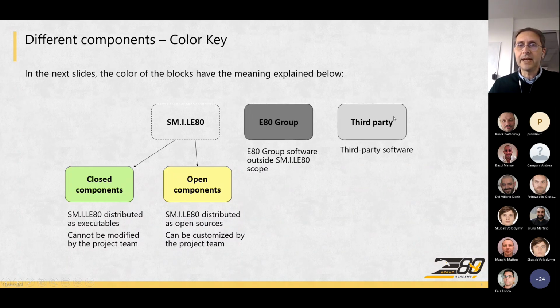And finally, we have third-party software, which is software coming from outside our company. This is colored in light gray. So we have closed in green, open in yellow, dark gray is E80 but outside SMILE, and third-party in light gray.